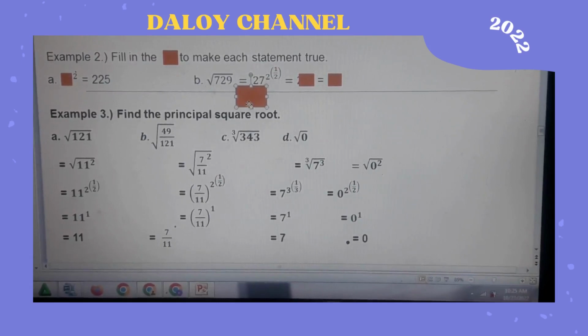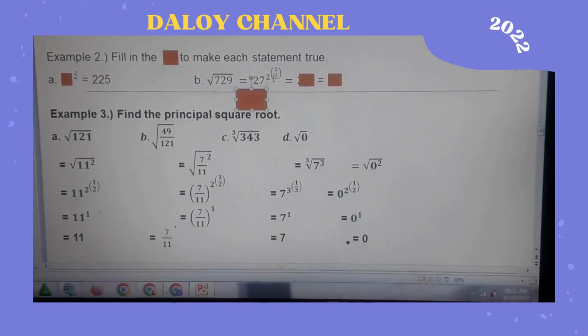So we can translate into exponential form: 27 to the power of 2 and also raised to the power of 1/2, because a square root corresponds to the exponential value of 1 half. So that is 27 squared to the power of 1 half.